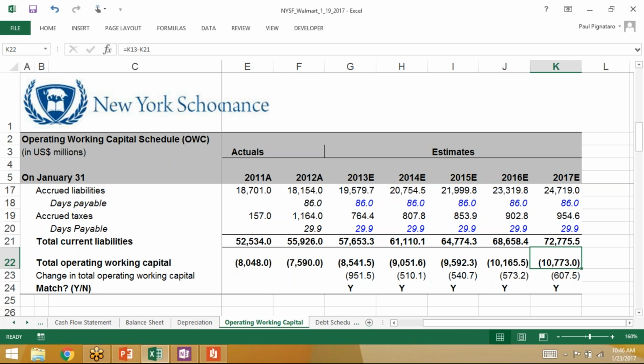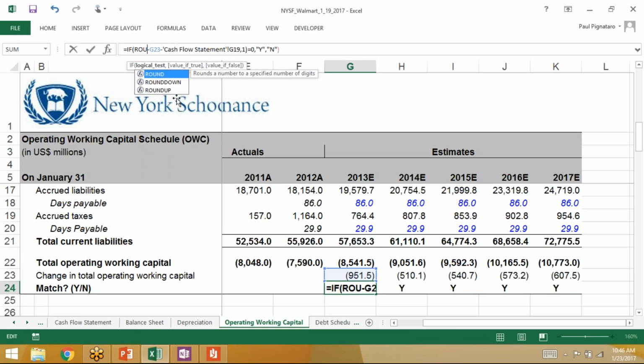Yes, sir. It's a bit of a diversion, but this was the match. Can you explain that formula to me? This is like if round minus the cash flow, yes or no, this is match. Yeah, actually you don't need the round, but this just says if, and we'll do if statements. Oh, you want to know about the round?